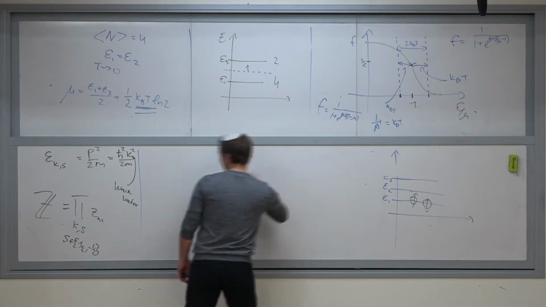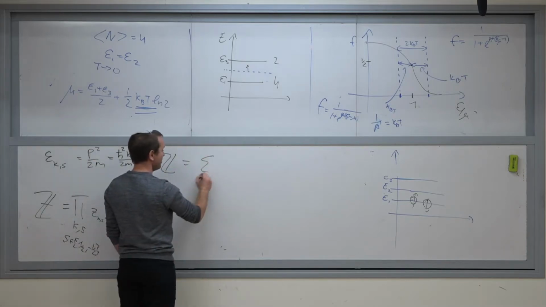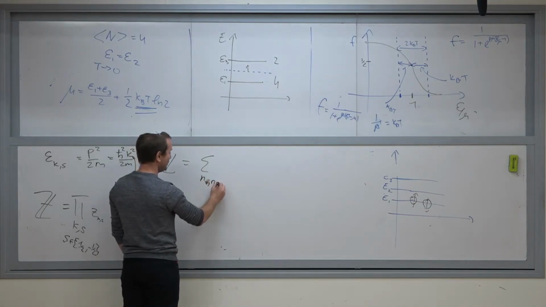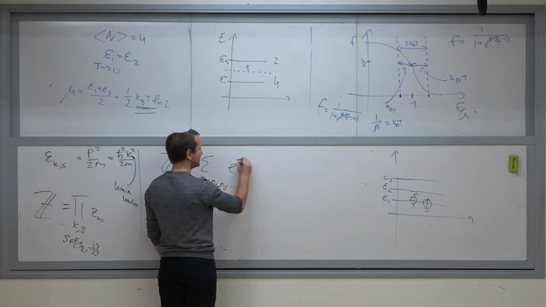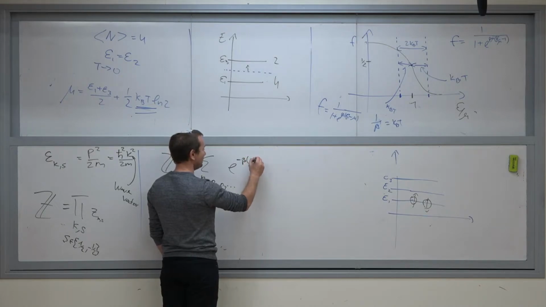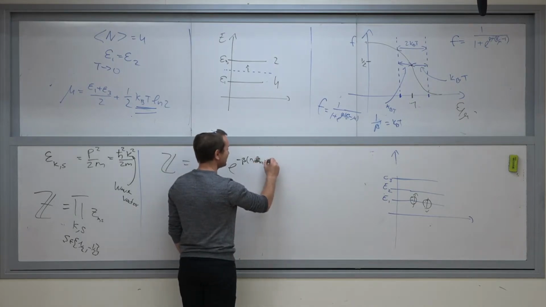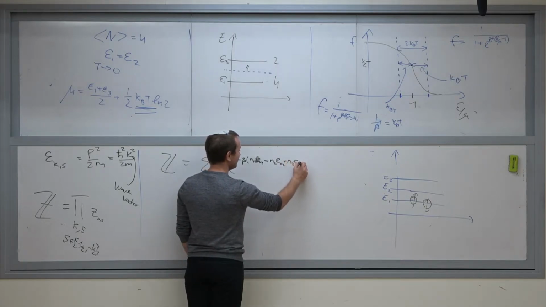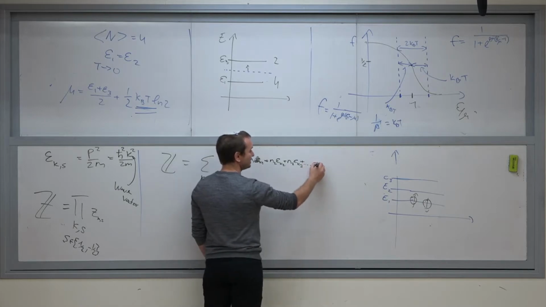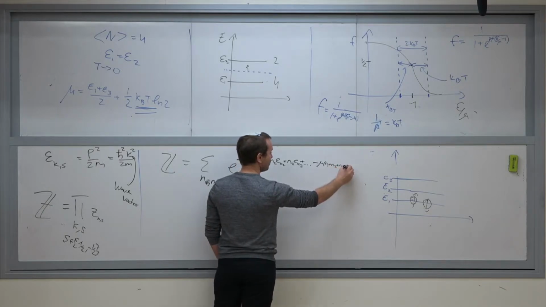To make a long story short, Z was a sum over n_k, or n1, n2, n3, etc. And here I had e to the power minus beta (n1 epsilon k1 plus n2 epsilon k2 plus n3 epsilon k3 plus etc.) minus mu (n1 plus n2 plus n3 plus n4, etc.).